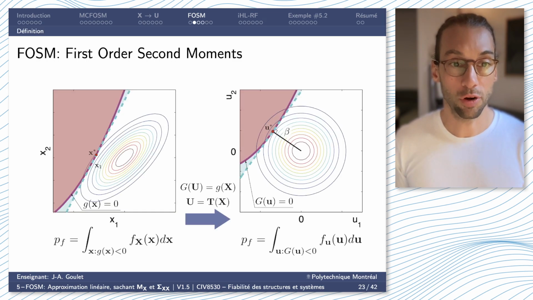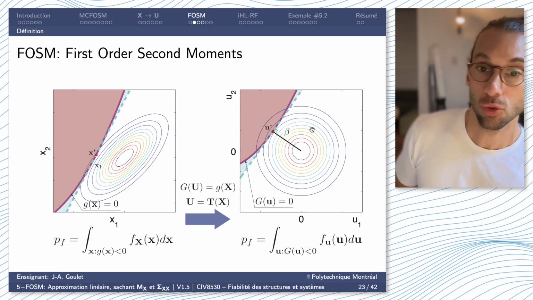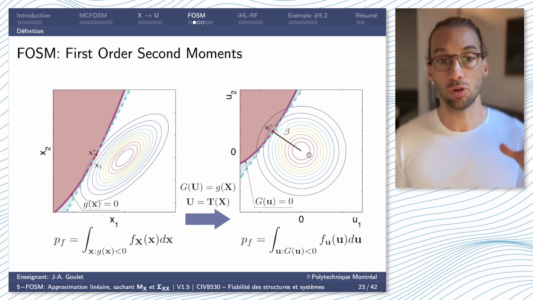So what we're going to do first is start with an original space defined by a multivariate Gaussian, with or without some dependency between my dimensions. I'm going to transform this into the standard normal space using the transformation function we just saw. And I'm going to create my first order Taylor series approximation in that standard normal space.